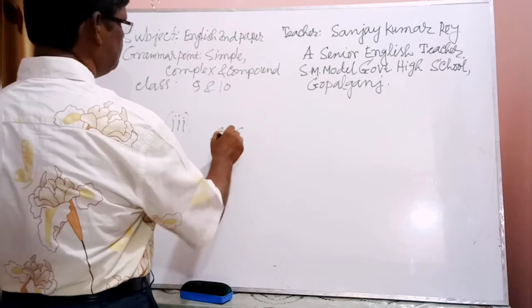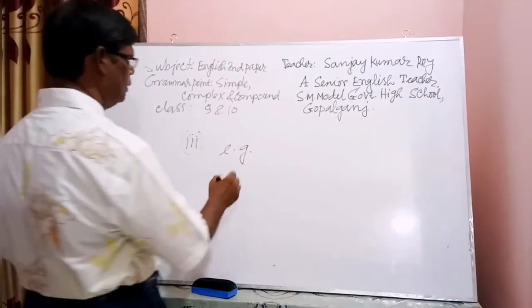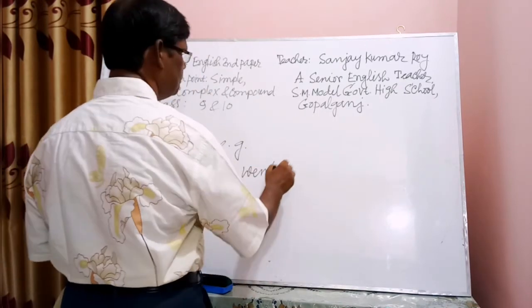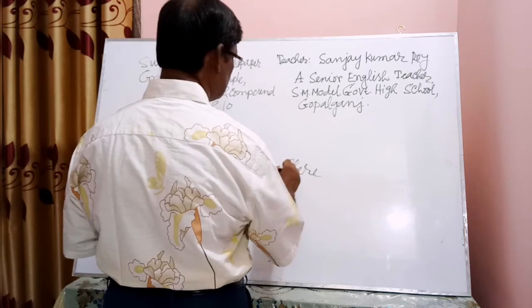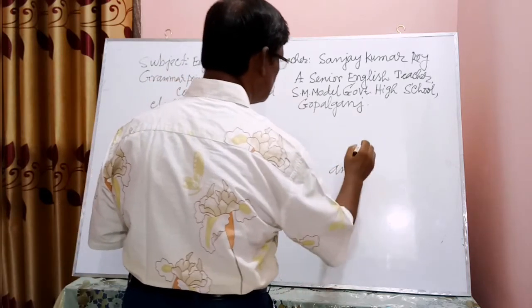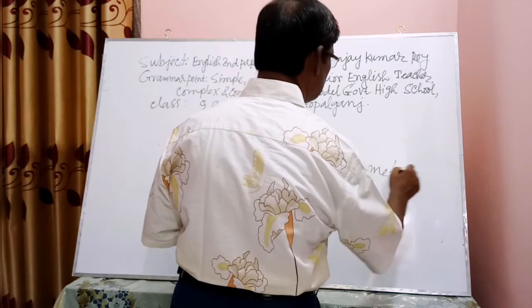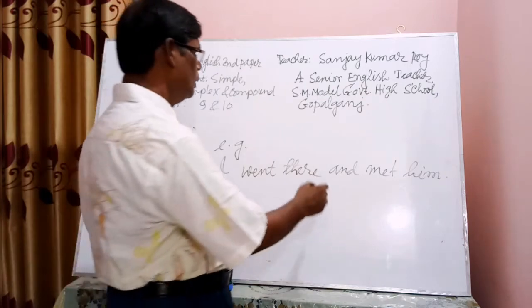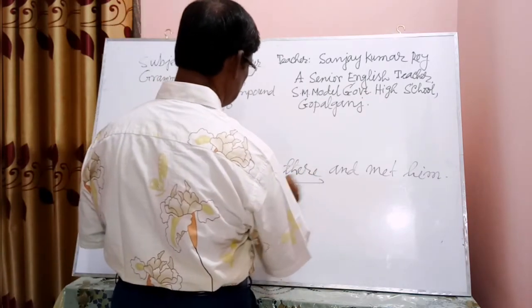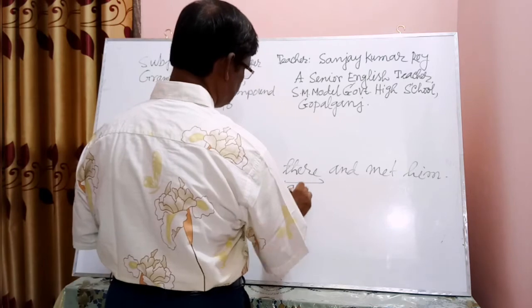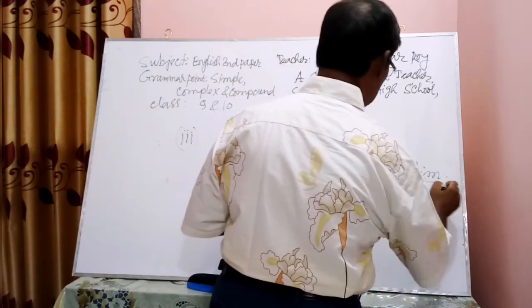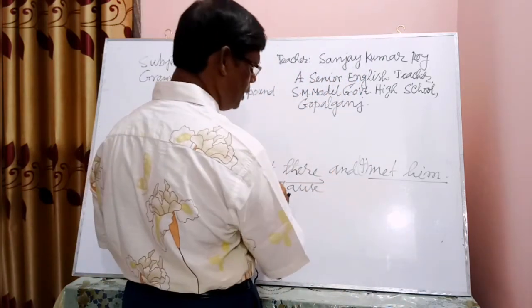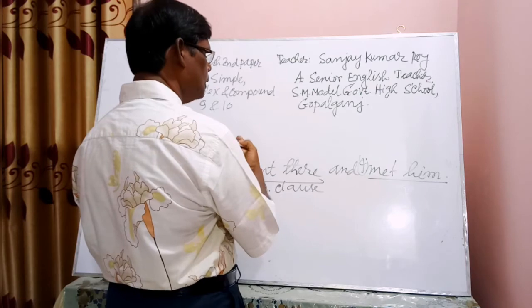For example, I went there and met him. I went there, principal clause. Met him, I, that is not mentioned here as the same subject.